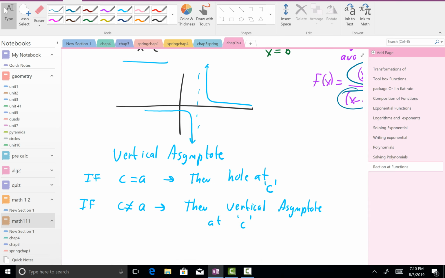You're always focusing in on the bottoms because the bottoms are going to tell you where the vertical asymptotes or holes are, because we can't have 0 down there. We could have 2 vertical asymptotes, 3 vertical asymptotes, as many as we want, but we're either going to have vertical asymptotes or holes. Those are called discontinuities. They don't really put that in the book, I don't think, but that's what they're called.